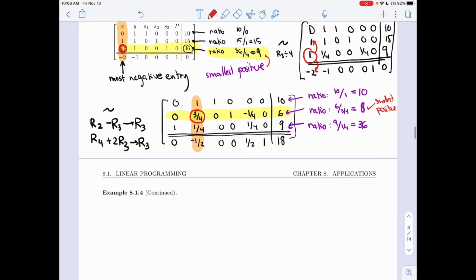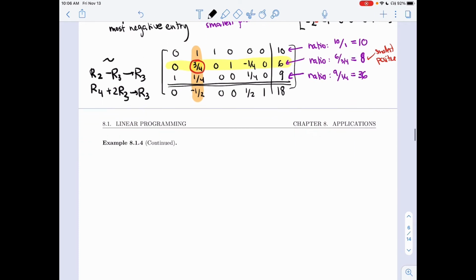And so the first operation I need to do is to make that one a 1. So row 2 divided by 3/4 into row 2. That's going to give you 0, 1. Doesn't change the first.